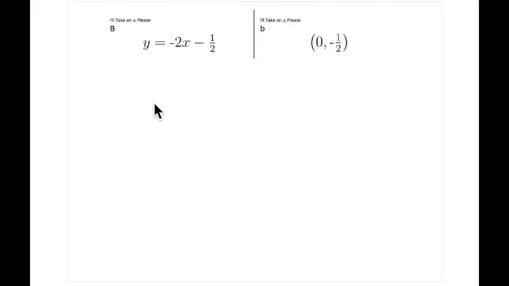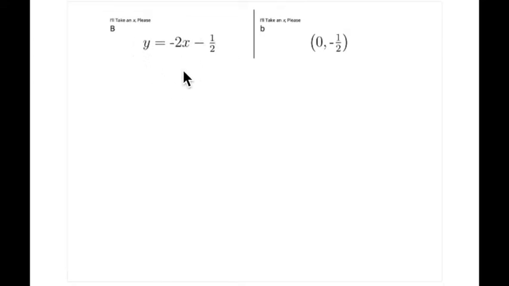In this case, I think it's easier to ask for the x coordinate, because then all you have to do is calculate. If you ask for the y coordinate, then you have to get this x by itself. You have to get the 1/2 on the other side of the equation. You have to divide by negative 2. It just seems harder to me. So I would ask for the x coordinate, and I would solve for y.